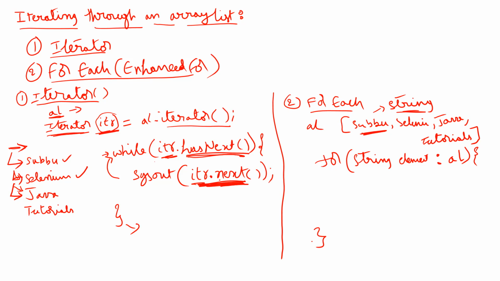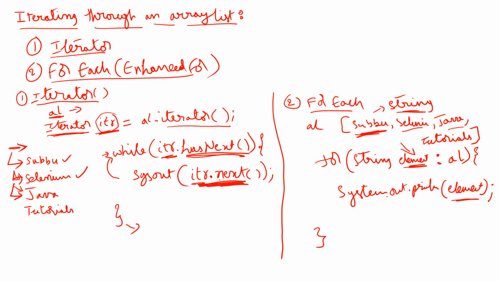Now what happens is, each and every element of this list comes and sits in the name that we have given here, which is element. Then we can print out system.out.println element. This will print all these elements like this.